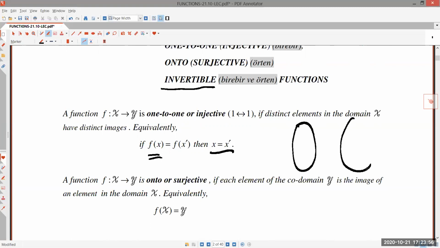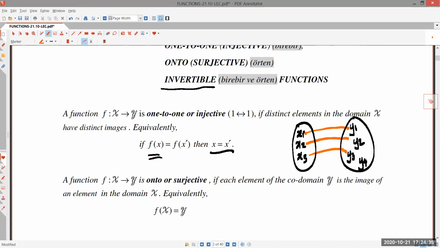Here again we have x1, x2, x3, and then here let's take some values, y1, y2, y3, and y4. This says that every element of the domain must be assigned to a different element in the set y, which is the codomain, like here.